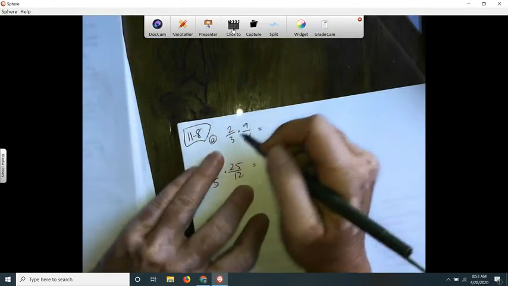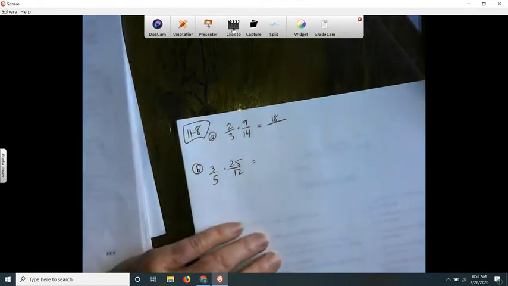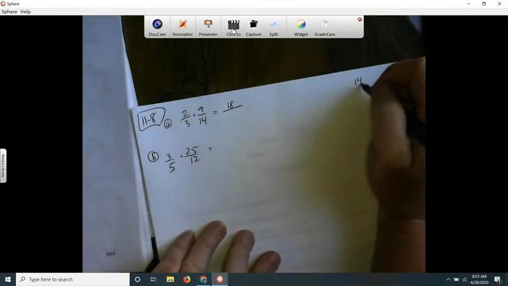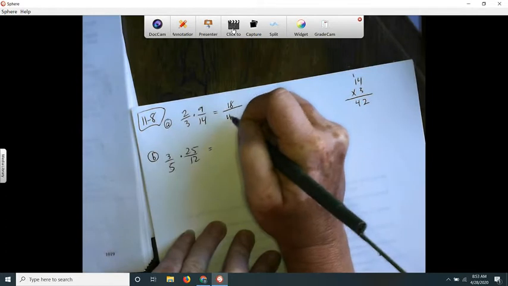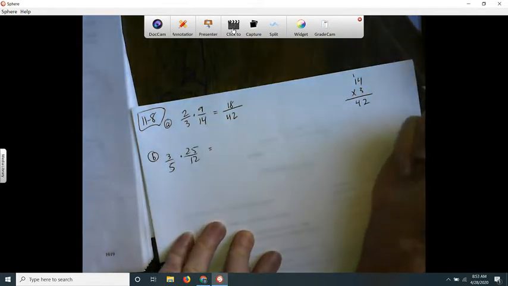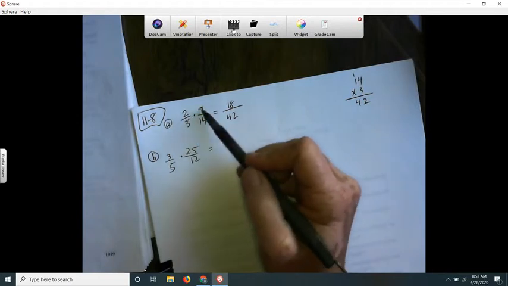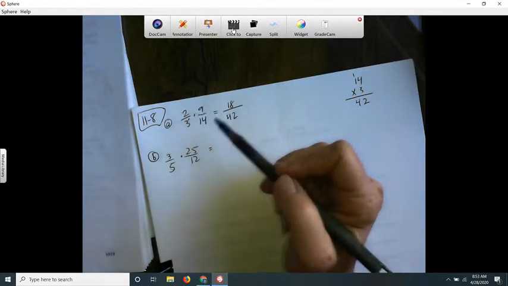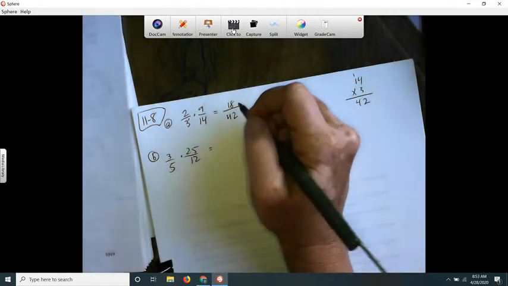Normally I wouldn't do this at all, but 2 times 9 is 18, 3 times 14, oh my goodness. And then I could reduce it. I can tell that I could divide by 3 and 2, so I think 6 will go into both of these.